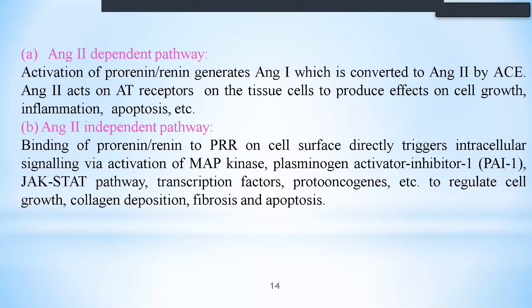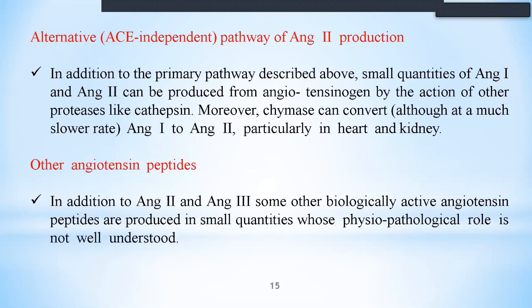And the angiotensin 2 independent pathway also acts on different types of cell activation through MAP kinase, plasminogen activator inhibitor, that is PAI, and the Janus kinase and STAT pathway. So all these cascades of events are activated by the angiotensin 2 independent pathway.